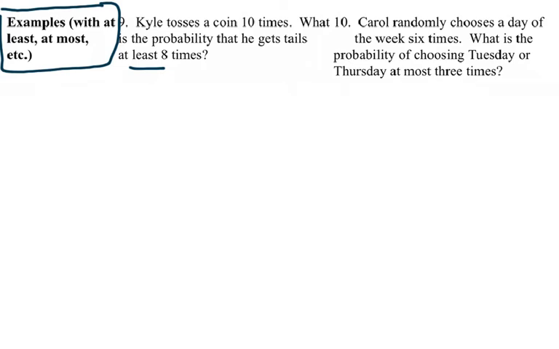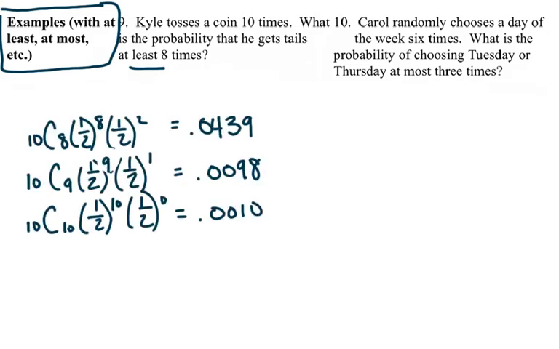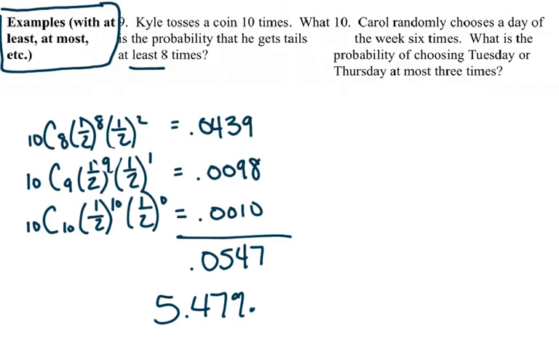Okay, so you know how to find the N, the R, the P, the Q. So I'm going to list out what it looks like for exactly 8, exactly 9, exactly 10. Okay, so here's how we found them in the previous problems. Exactly 8, exactly 9, exactly 10. And now I would have to add all of these together to get at least 8. And then I would change it to a percentage. Definitely not fun.